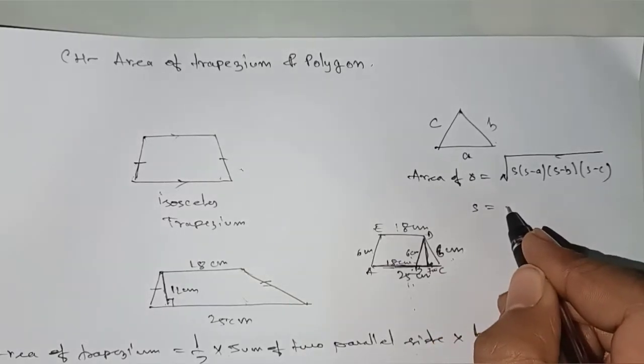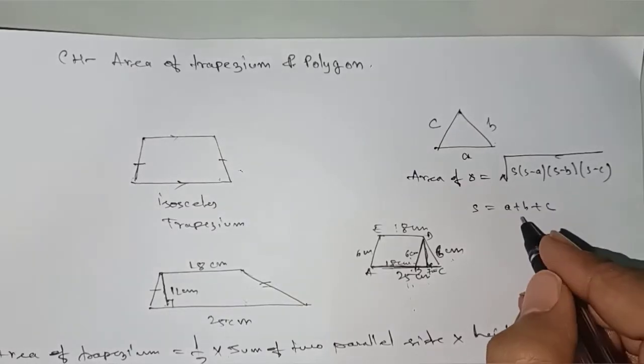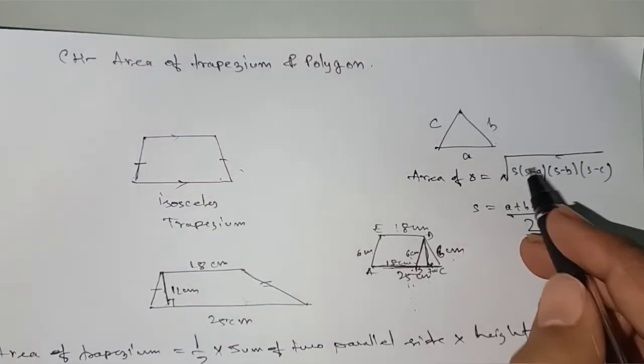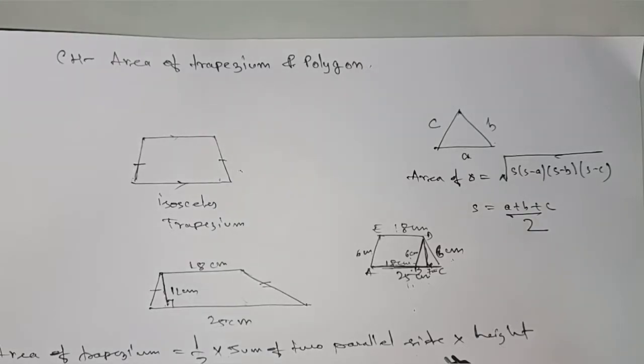S is the semi-perimeter, that means A plus B plus C, the perimeter of the triangle, divided by 2, that is the semi-perimeter S. We apply this and we'll get the answer.